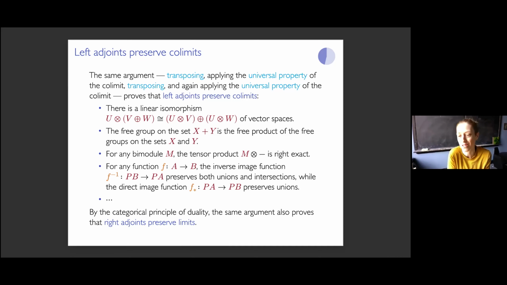In this case, the dual of most interest is that right adjoints preserve limits. So we have some complementary relationship involving forgetful constructions or Hom functors and constructions like products or pullbacks and things like this.